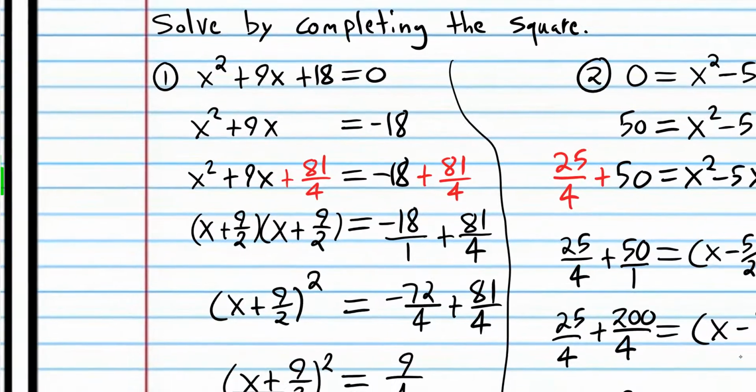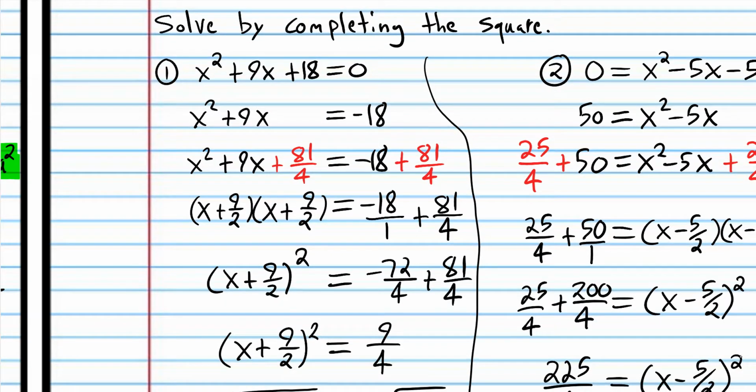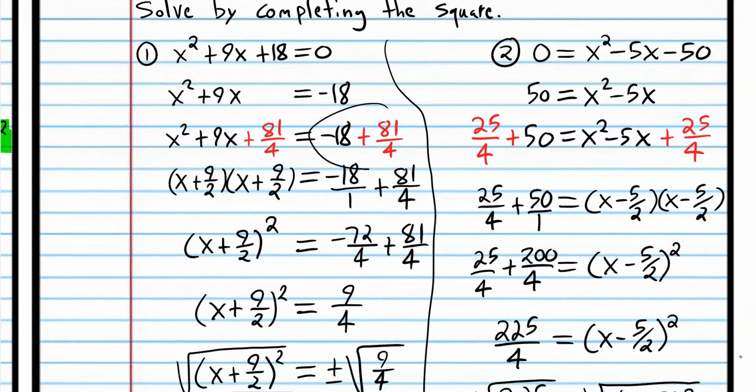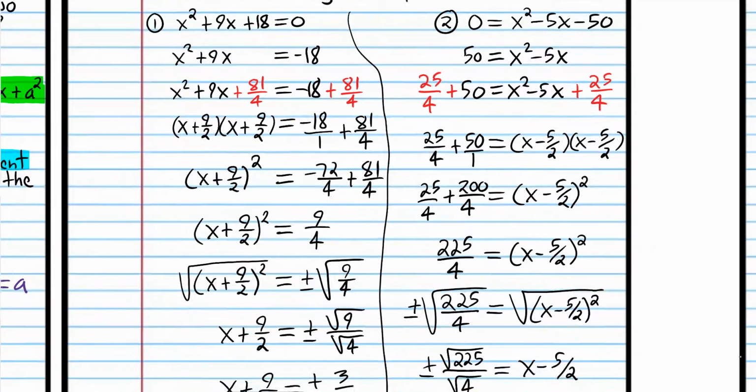We have to deal with a fraction. We're taking 9 halves, or dividing 9 by 2, leaving it as a fraction 9 halves, and then squaring it to get a fraction here. And then when we factor this, that's not easy. We have to take this number, divide it by 2, and put it there. And then we have to remember that that's always the way it works. And we have to add negative 18 plus 81 over 4 by getting a common denominator, and so forth.